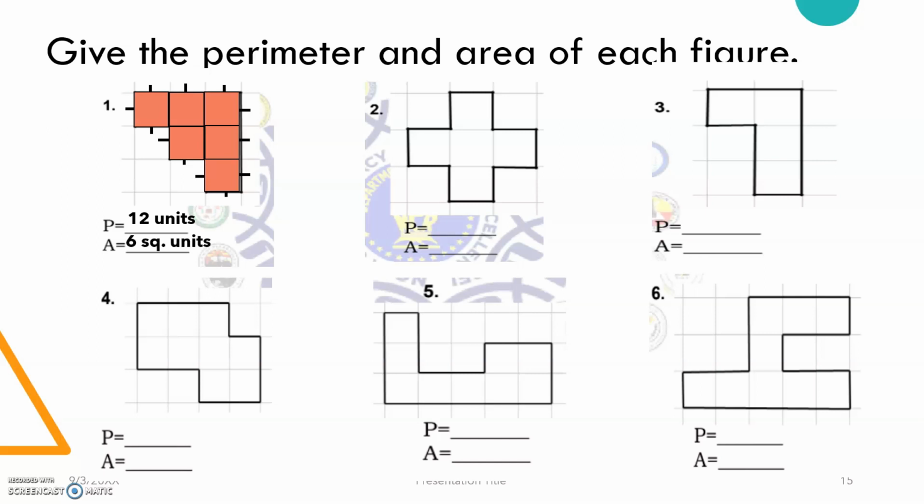Now for number 2, what do you think is the perimeter and the area? The answer is 12 units and 5 square units. For number 3, what is the perimeter and area?